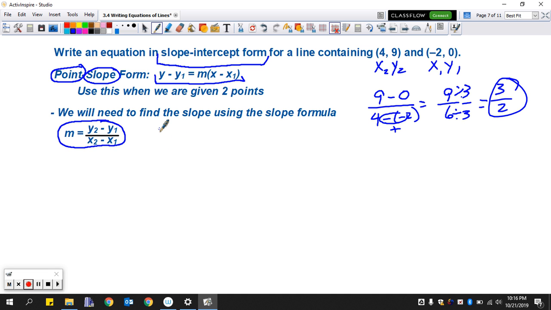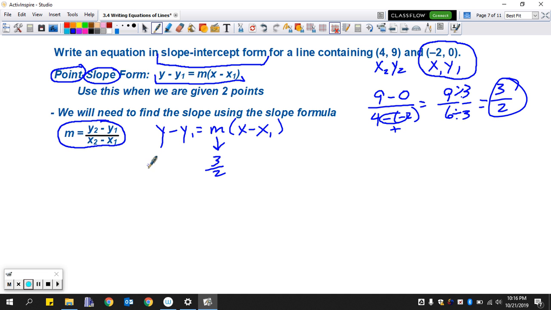So we're going to plug that into y minus y1 is equal to m times x minus x1. Here we know that our m is going to be 3 over 2. And then we just have to pick one of the points up here, and it doesn't matter which point we pick. I'm going to pick the second one just because it has a 0 in it, and that makes it a little bit easier.